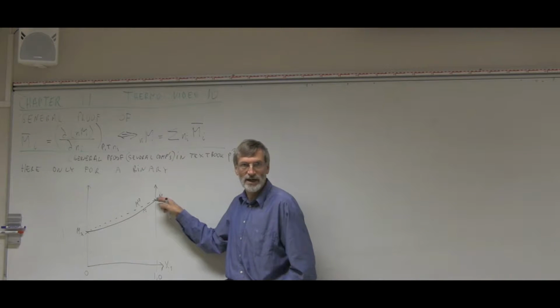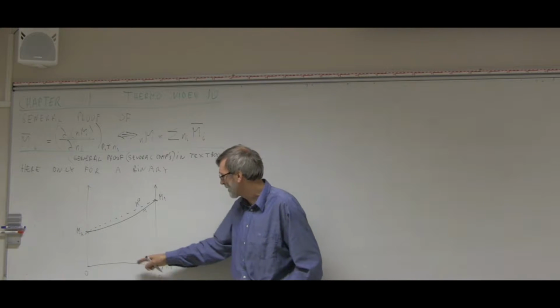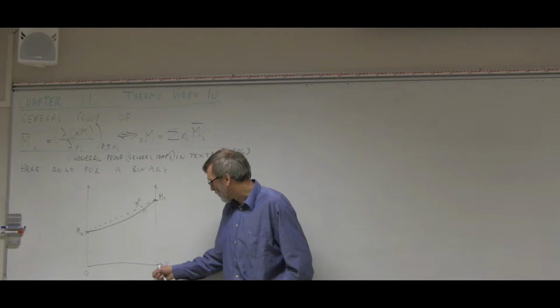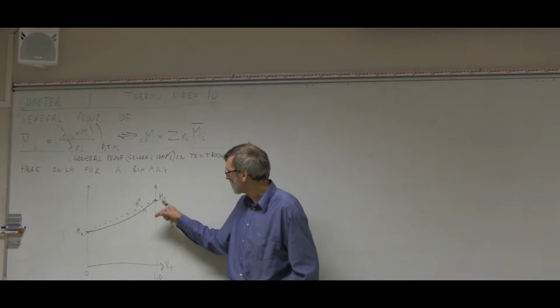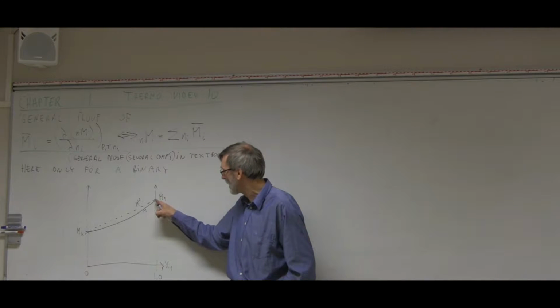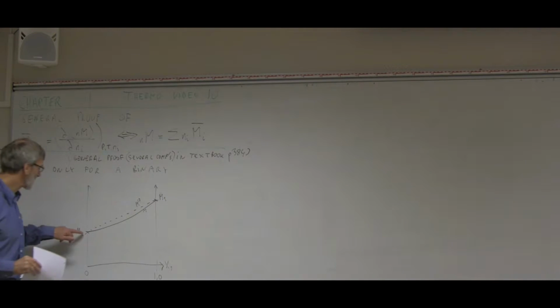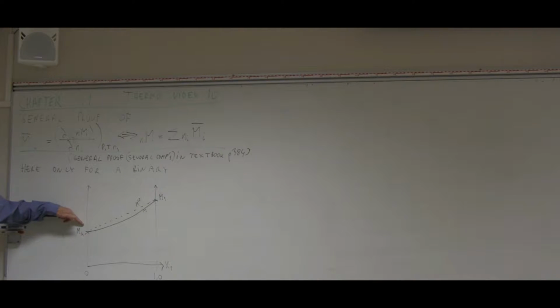In this case, it is curved with the mole fraction, and if x1 is 1, that means we have pure component 1 here. So this is the property for pure component 1, and this is the property for pure component 2.